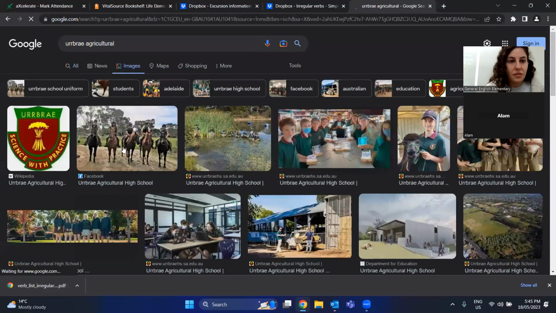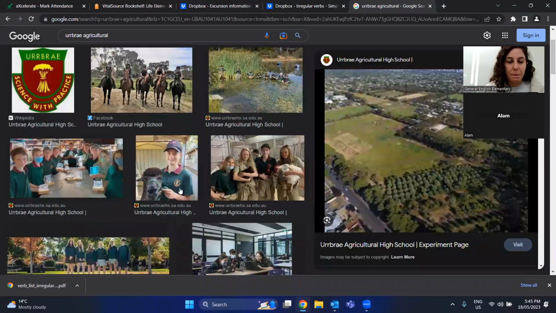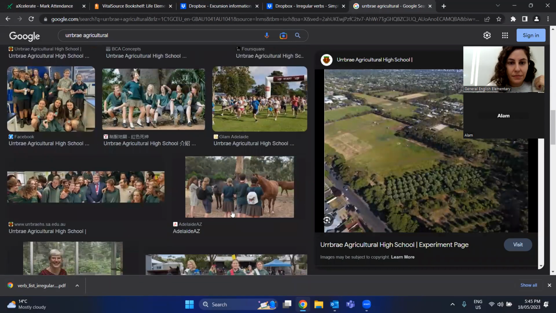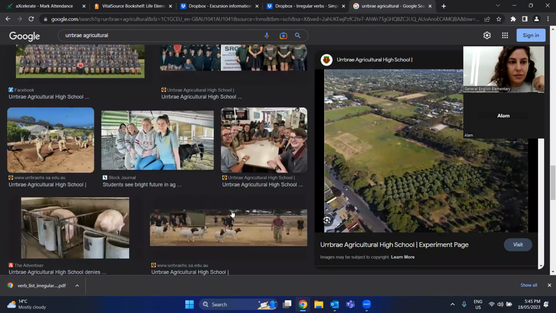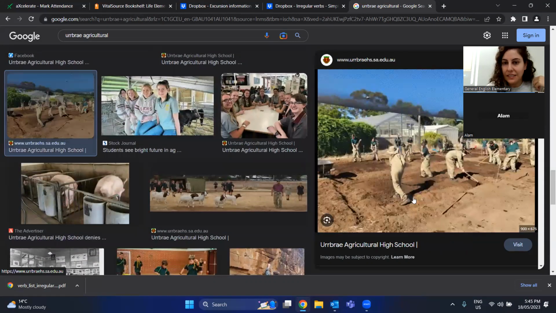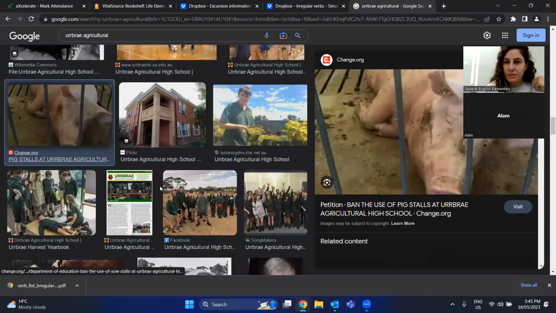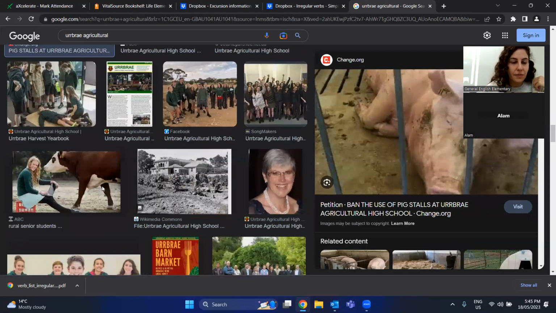There's a school, there's universities. You can see this is agriculture: water, land. This is in South Australia. They do a lot of stuff for the land. Farming.